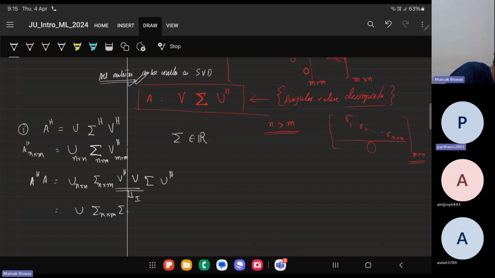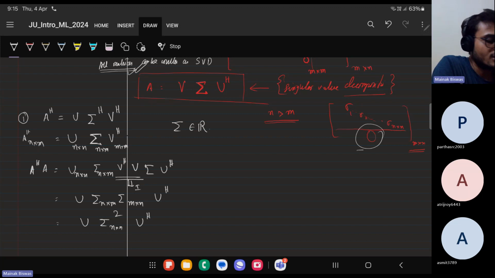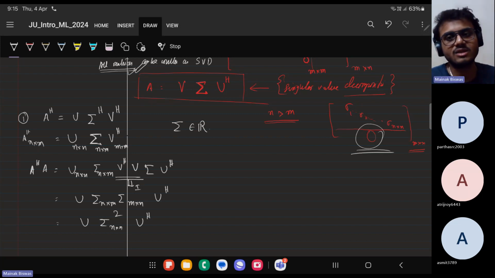This is M cross N, and this is U Hermitian. So we get U sigma square, and only the important part of N cross N remains here. All this extra added cosmetic makeup is removed automatically when you multiply sigma and sigma Hermitian.